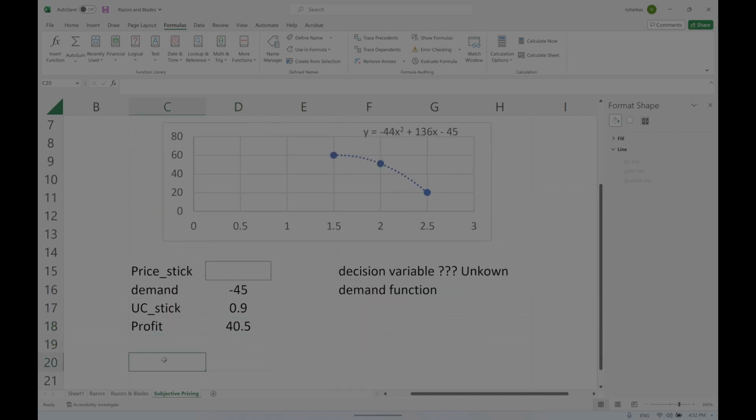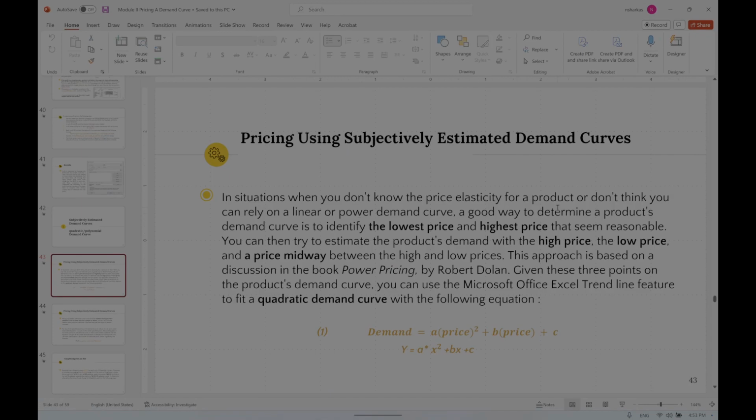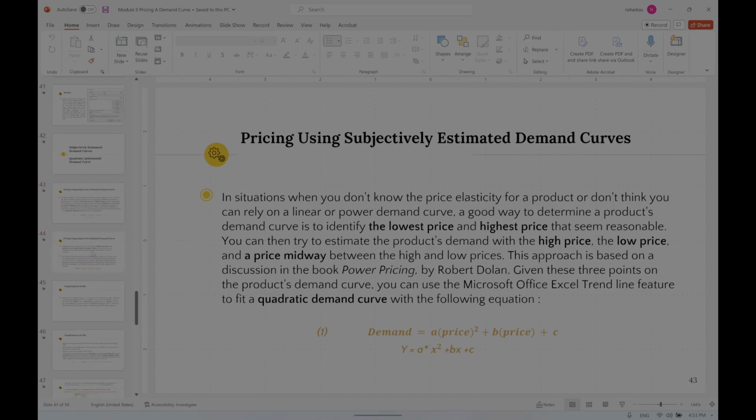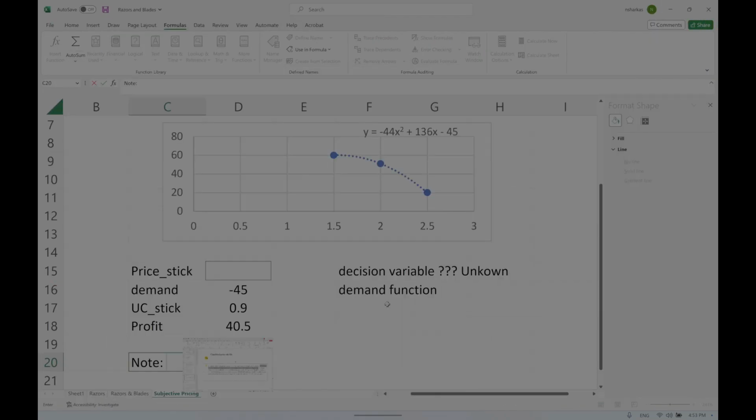But there's something we need to add here, a note, that the author said, that the shop owner is willing to charge, or the store is considering charging, between this and this for any unit of a chapstick.